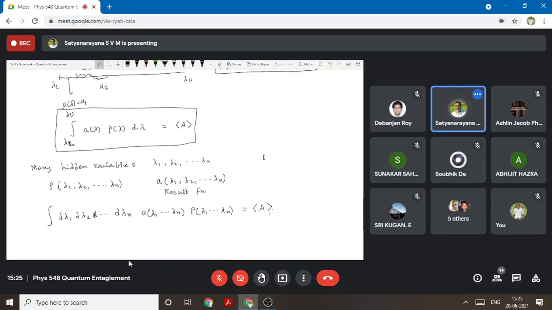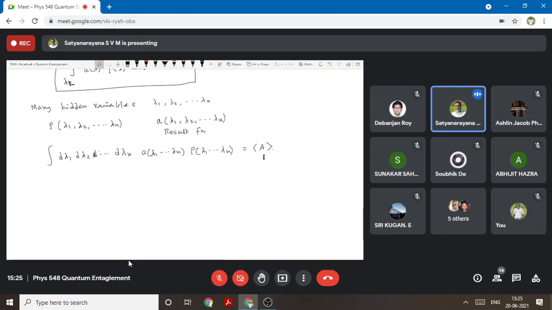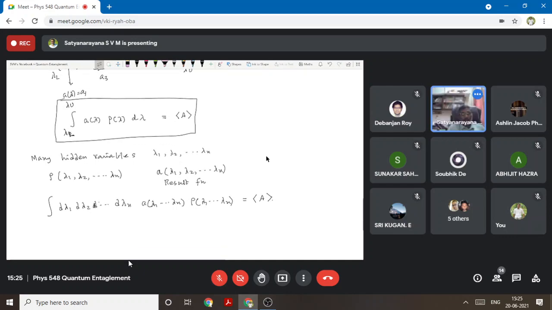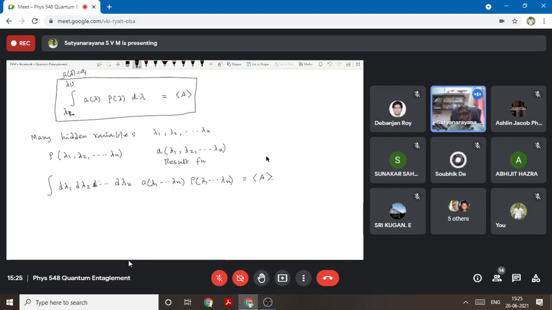Now, Bell's result is something like the following. Suppose you consider the same system that Aharonov and Bohm considered, which is of course the EPR system. Now let's come to Bell's argument, in 1964.